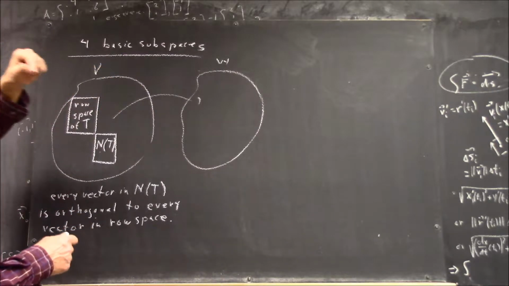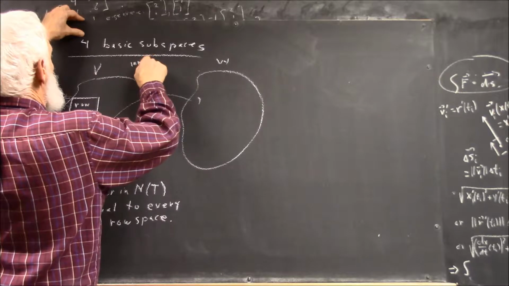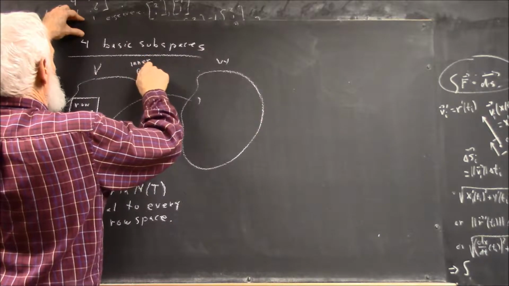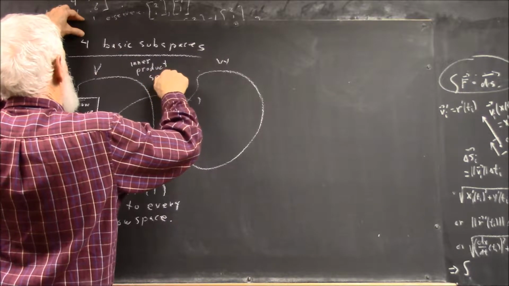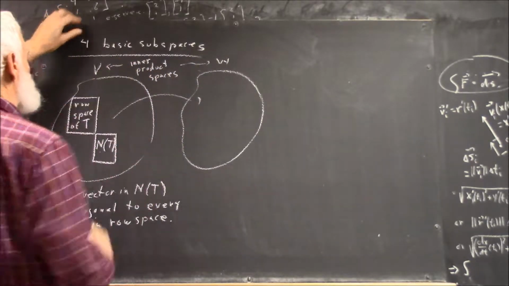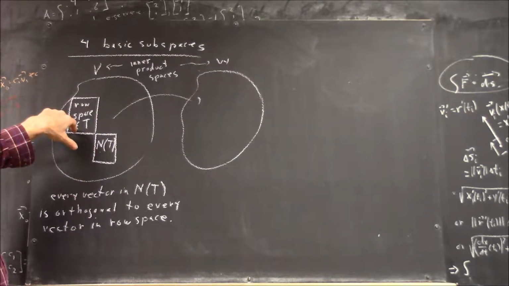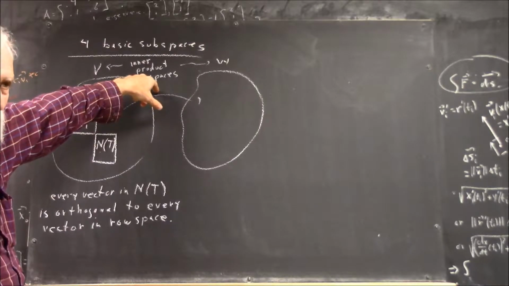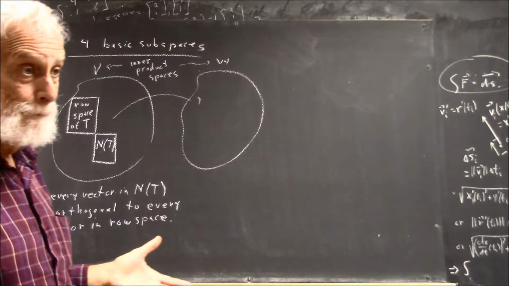V and W are inner product spaces. Not every vector space is an inner product space, and we can't talk about the orthogonality of these two spaces unless we've got an inner product to test orthogonality with. And what's the condition for orthogonality?